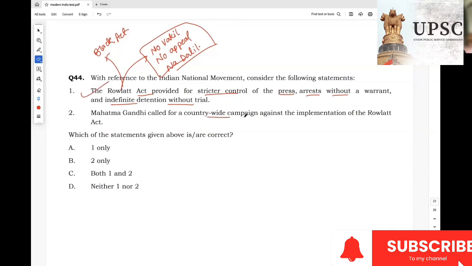Mahatma Gandhi called for a countrywide strike against the implementation of the Rowlatt Act and formed the Satyagraha Sabha. This Satyagraha Sabha and this Rowlatt Satyagraha, right? This is Gandhiji's first all India initiative, the Rowlatt Satyagraha.